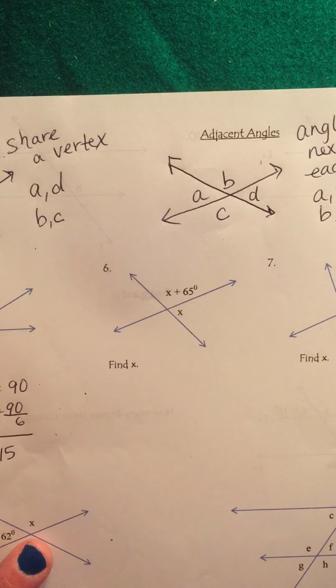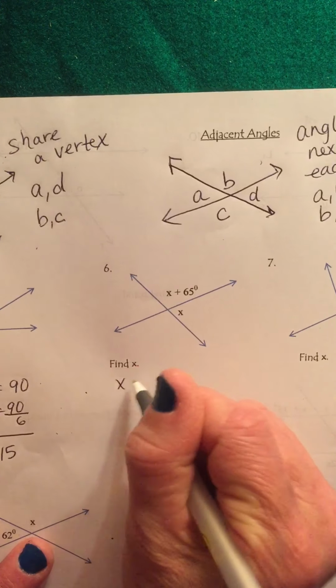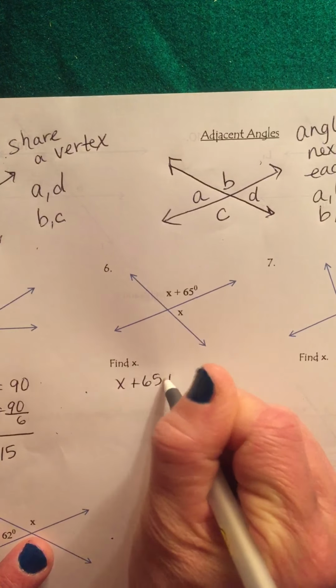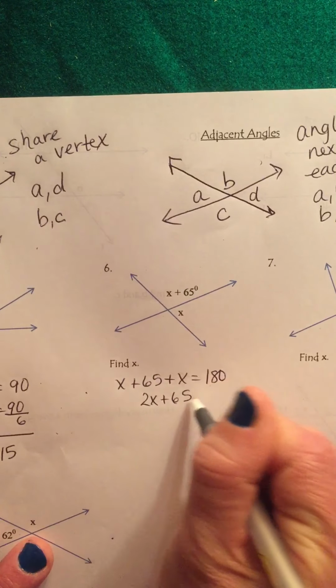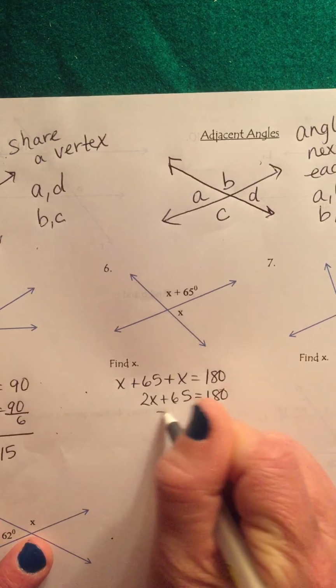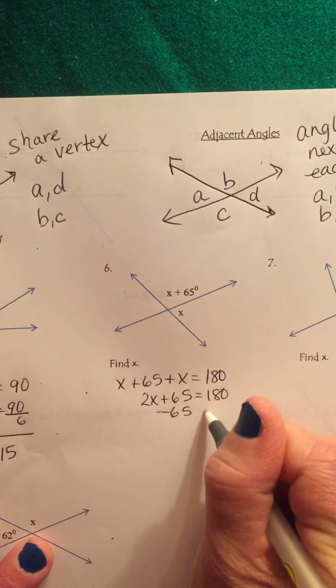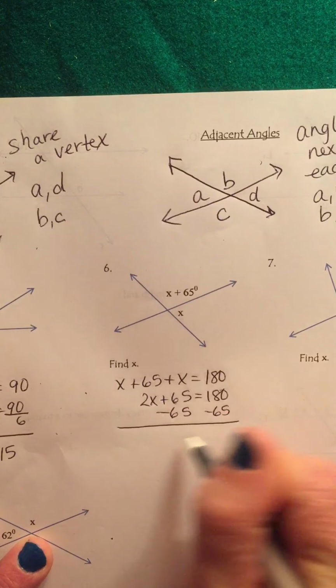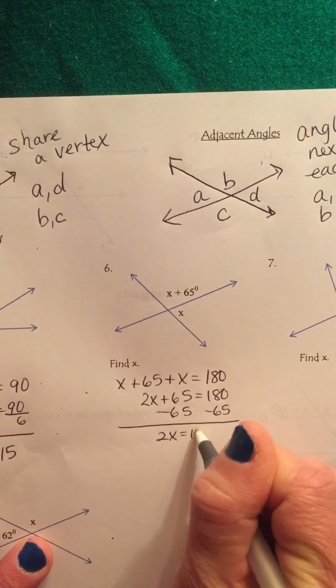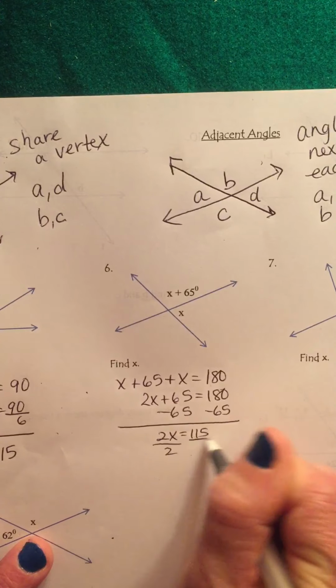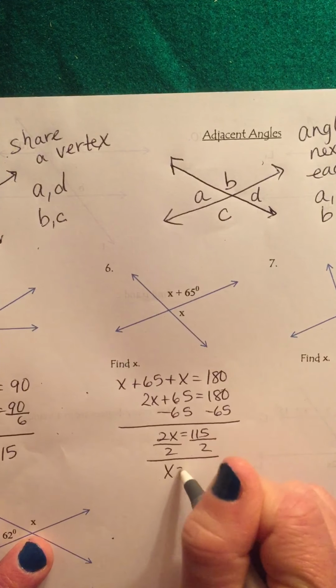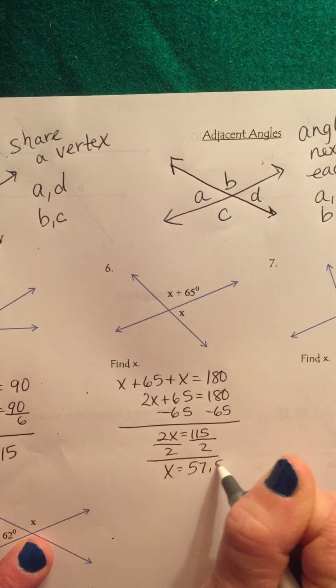Number 6, we have supplementary angles there, so we have x plus 65 plus x equals 180. 2x plus 65 equals 180. 2x equals 115. X equals 57.5.